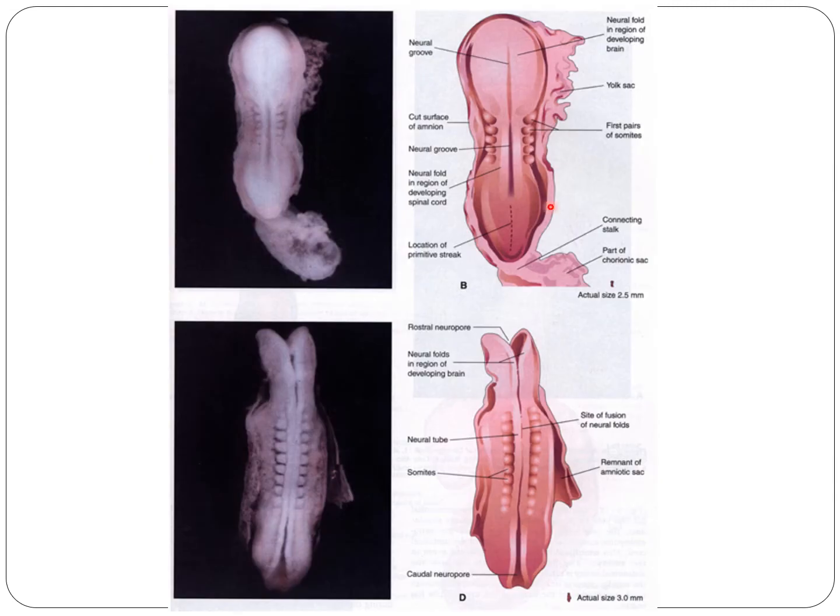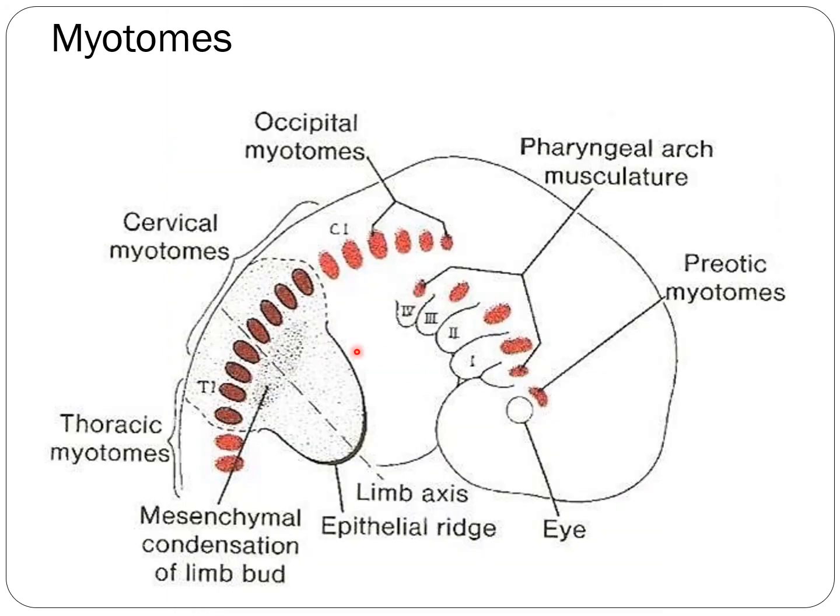Here you can see the formation of somites appearing first in pairs and then around the neural tube as a whole. Each somite is a part of paraxial mesoderm, and from these somites the musculature of the limb will appear. Also you can see in the lateral view the musculature of the myotomes appearing in the occipital region, cervical region, thoracic region, and so on in the lower region also.